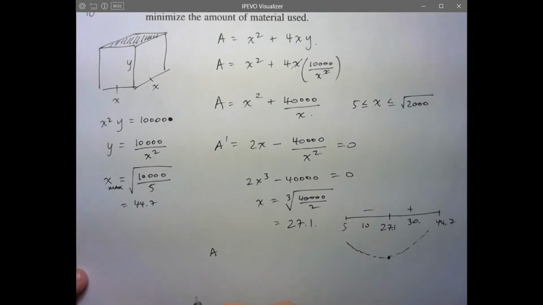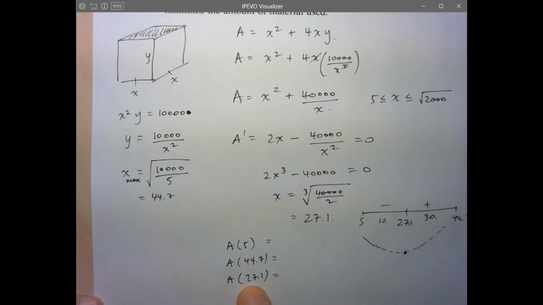So test the area at 5, test the area at 44.7, and then test the area at 27.1. And hopefully we will find that this is the one that's going to be the smallest.